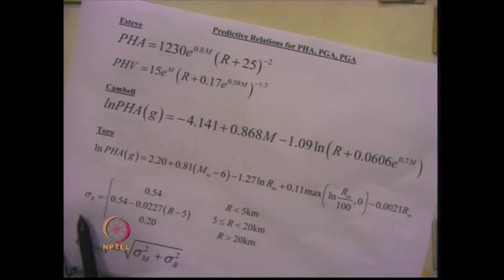The sigma r value is given by this, that means the Rm here is the mean value of the R, and there is a standard deviation which is specified for the epicentral distance R, and they are given for this particular bounds over here.